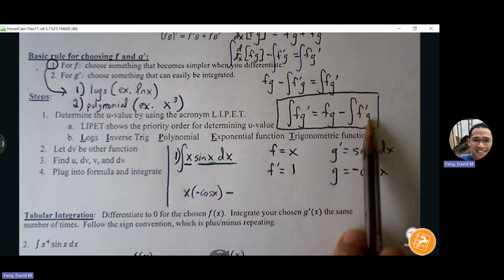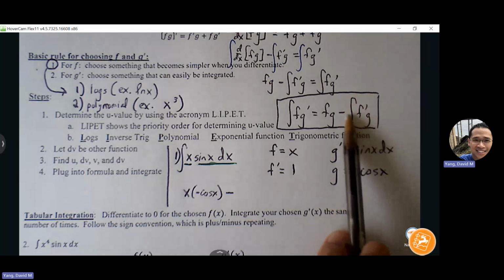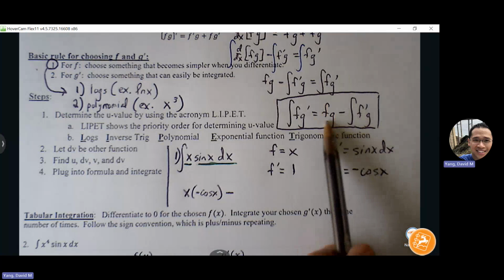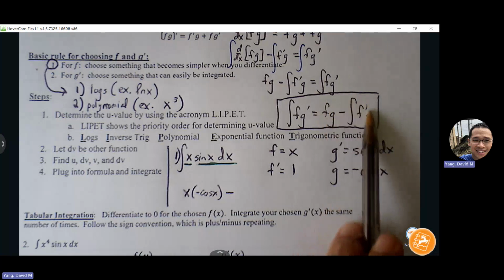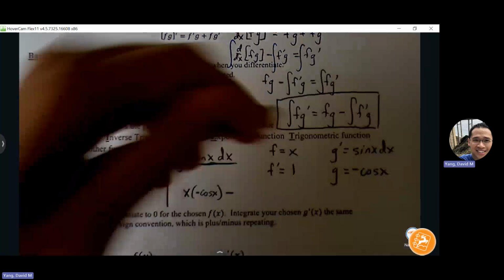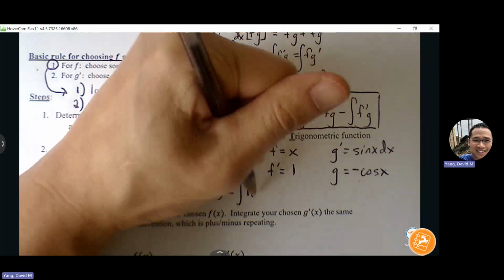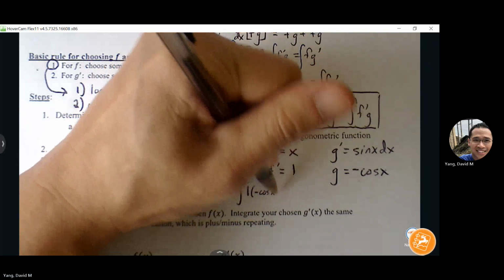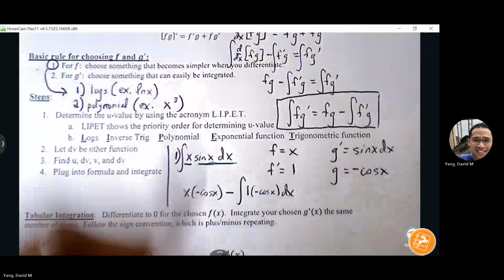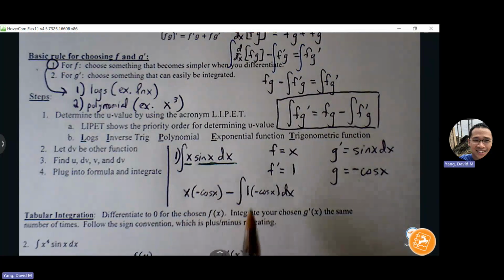Now this portion is going to be incomplete. We're always going to have to finish off this piece. This piece is part of our final answer, but this is still in the incomplete stage. So minus the integral of f prime times g. So this piece is done. The two negatives become positive.